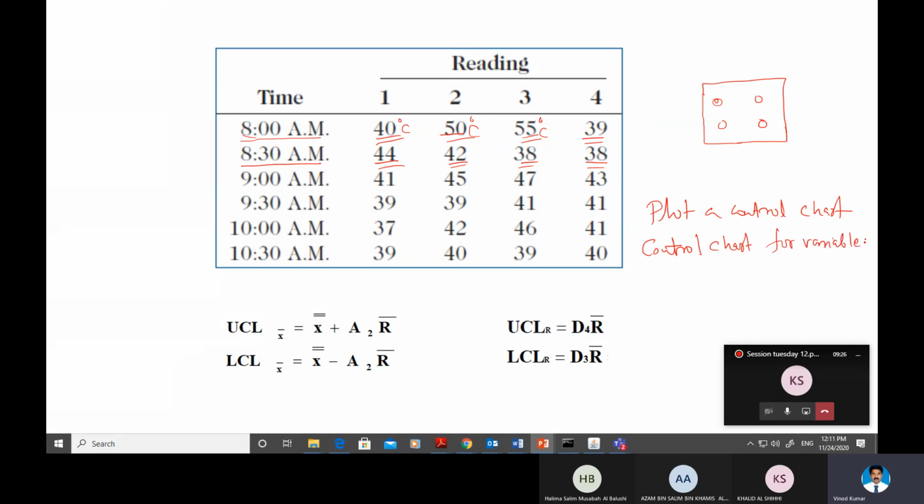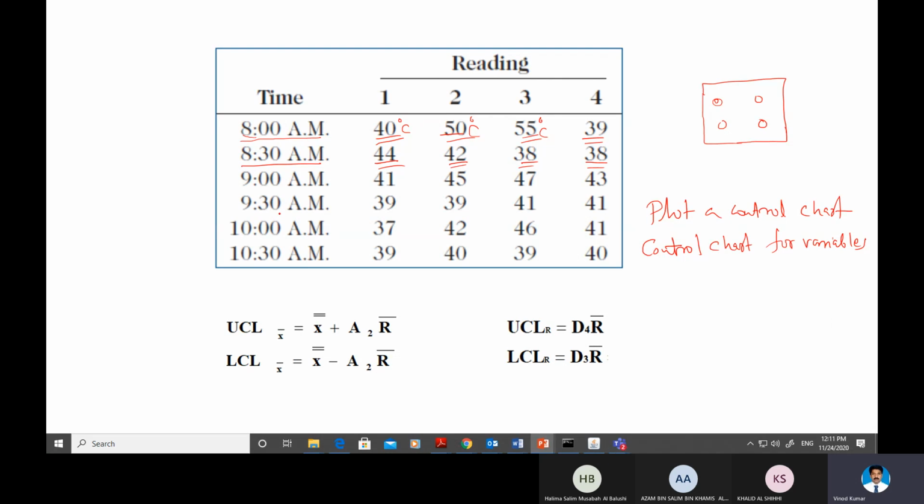In control charts for variables, we have 2 charts: the X double bar chart, which is the chart for mean or average, and the R bar chart, which is the control chart for range.